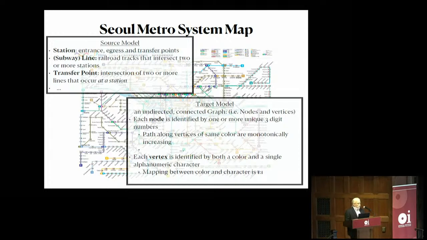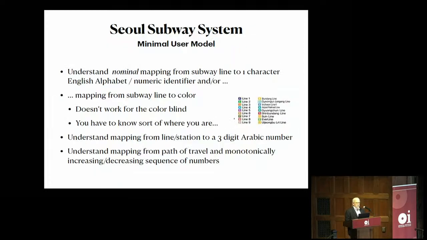The ordering of the numbers specifies the ordering of the nodes. So that was an ordinal system, and we had a second nominal system in which we identified every vertex, and every line between stations, by a color and a single alphanumeric character. So we did an identity map.